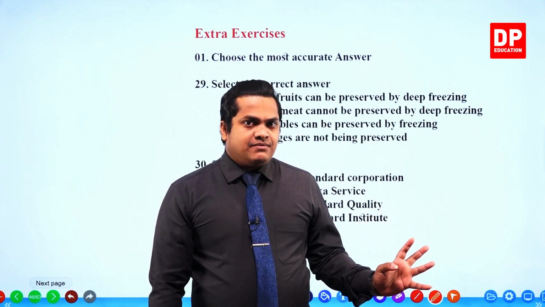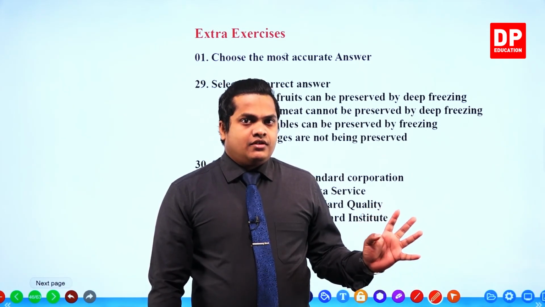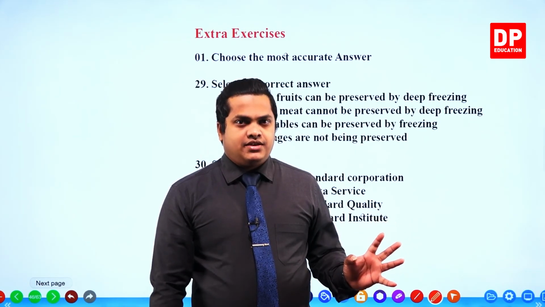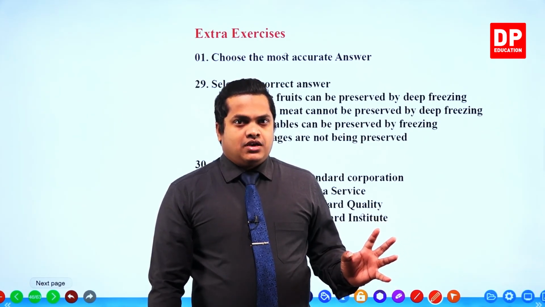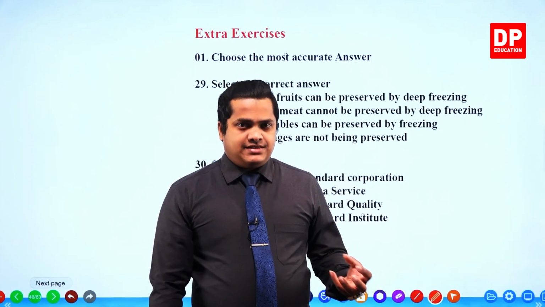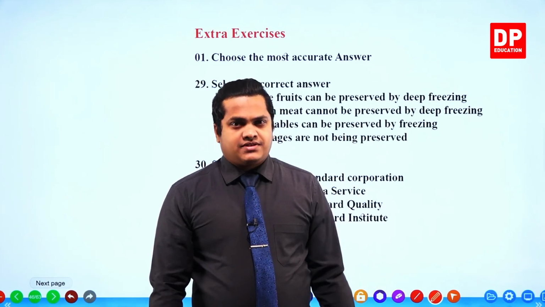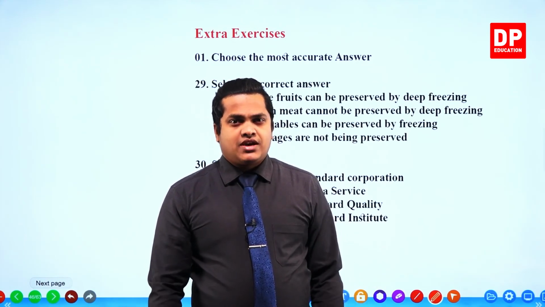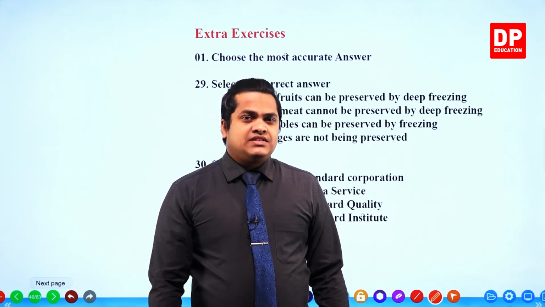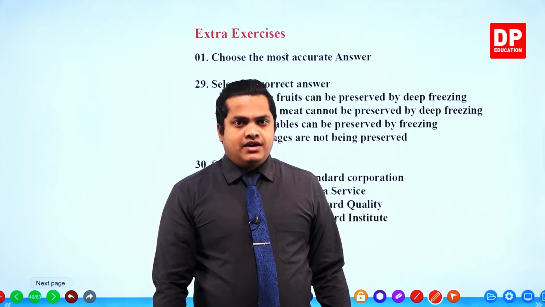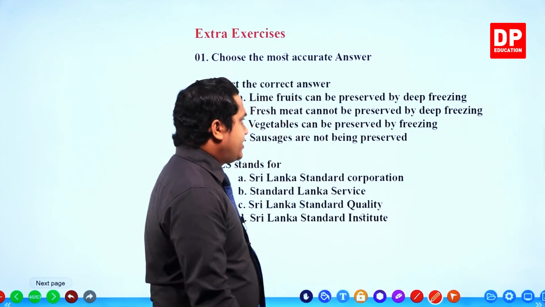In deep freezing, my dear children, we keep the temperature around negative 18 degrees Celsius, but in freezing, we keep it around 4 degrees Celsius. So there is a huge gap. Vegetables and fruits are preserved by freezing, not by deep freezing. So it is incorrect.